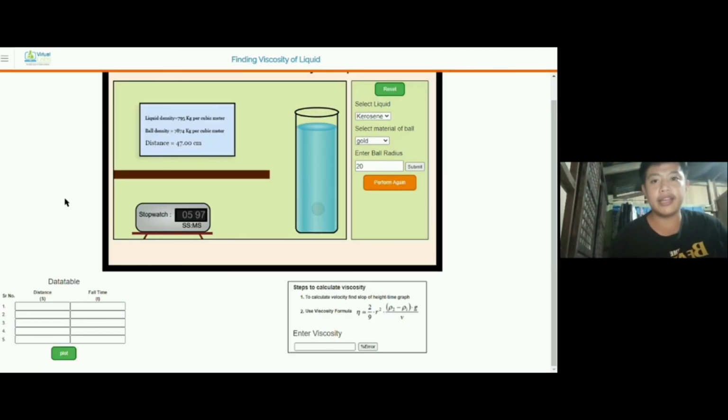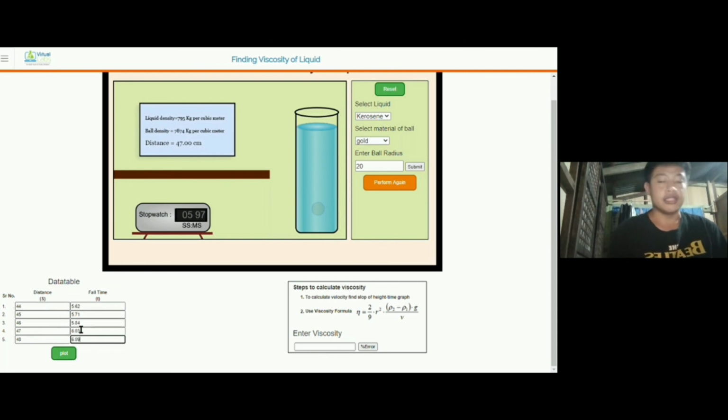After the 5 trials, all the data from the 5 trials are tabulated onto the data table, where distance ranges from 44 up to 48 and the time varies from 5.71 up to 6.09.